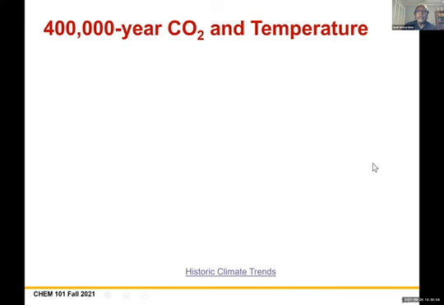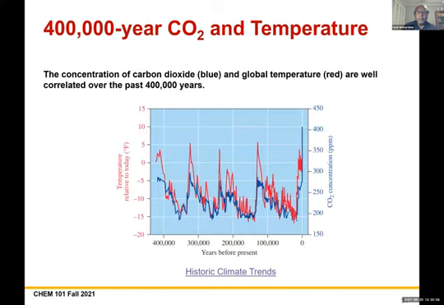Putting all these data together, the red one is global temperature in Fahrenheit. The blue one is carbon dioxide concentration from the current period back over thousands of years.